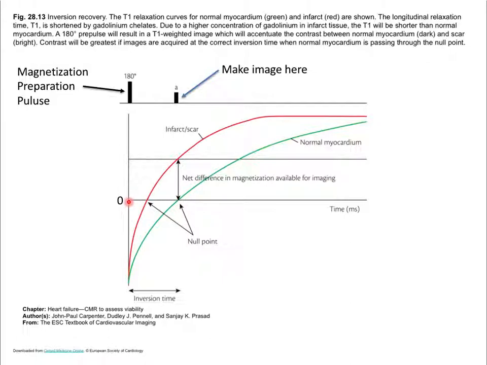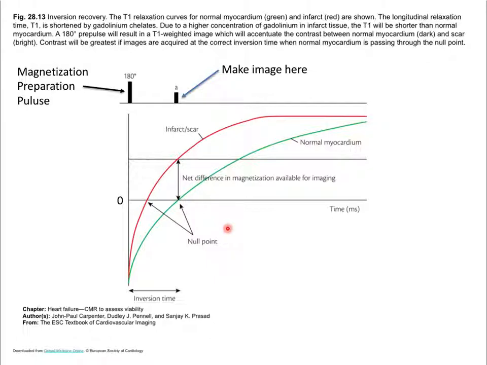It starts at 0, and after the 180, it's down here at minus M0. Both the infarct and the normal myocardium start at minus M0, and then the infarct climbs back towards equilibrium much faster than the normal myocardium.